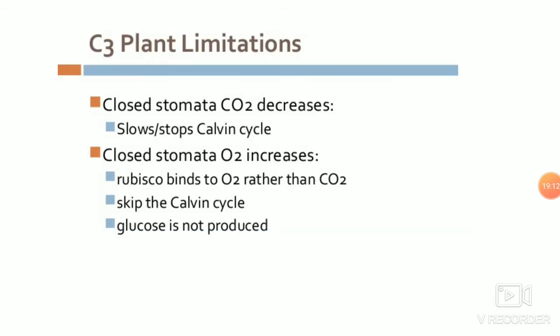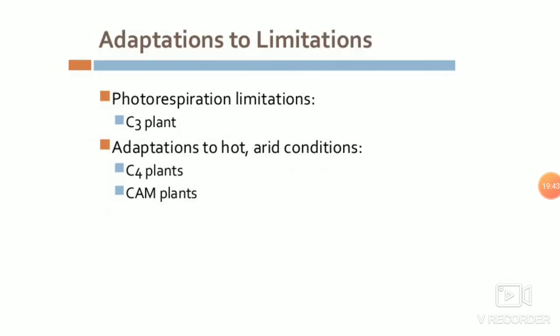So C3 plants have some limitations. When the stomata are closed, carbon dioxide decreases, and slowly the Calvin cycle stops. Closed stomata also increase the concentration of oxygen inside, because carbon dioxide is efficiently trapped for the preparation of organic compounds, and there is slowing of Calvin cycle, and glucose is not produced.